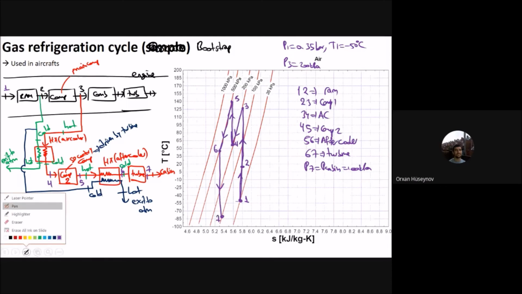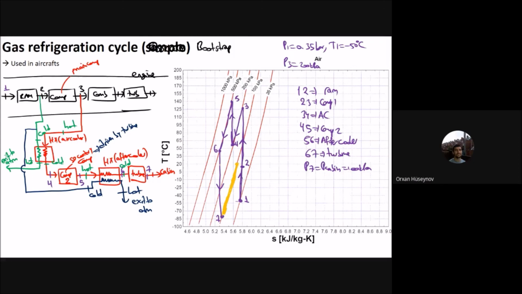The values can be wrong, but it shows how the shape is affected. So this part is the cooling part. It should go to 25 degrees Celsius. This is the end of the cooling, which is the cabin temperature.